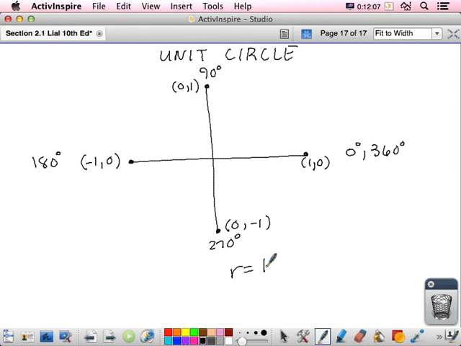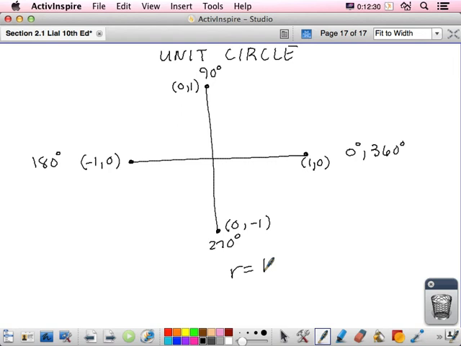Just real quick, refresh me. If I want to find the cosine of 180 degrees, how do I do it? I go and look at the point that goes with it, and the cosine is defined as what? X over R. So the cosine of 180 degrees would be -1 divided by an understood 1. So that's just -1.